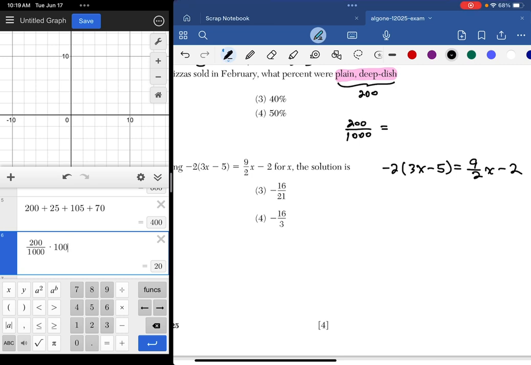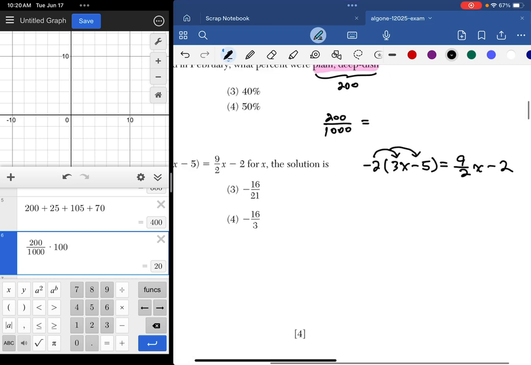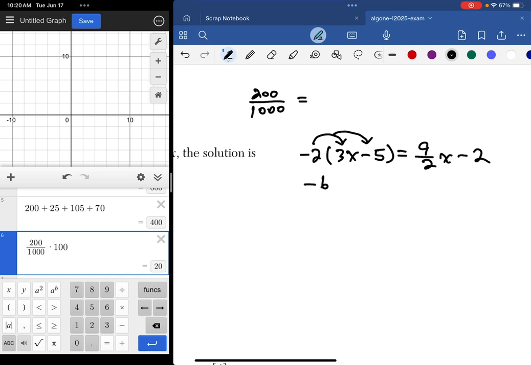So the best strategy to get started here would be to distribute this negative 2, because the alternative to that would be to divide both sides by negative 2, but that doesn't really do what we want it to do, because, I mean, it'll work, but then you're going to take a fraction and make it more of a fraction. So it'll be fine, and it's probably, if you kind of come down to it, probably an equivalent number of steps, but you're going to be working with fractions where maybe you can avoid that. All right, we'll see. Negative 6x plus 10 is equal to 9 over 2x minus 2.